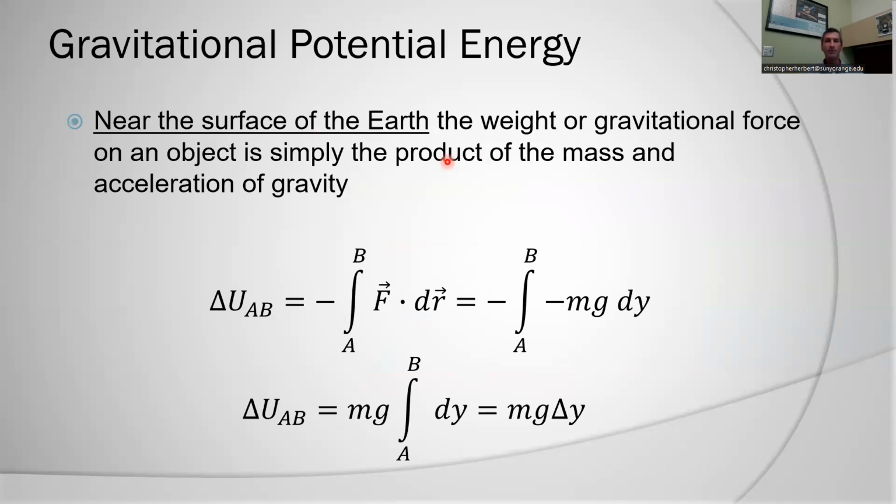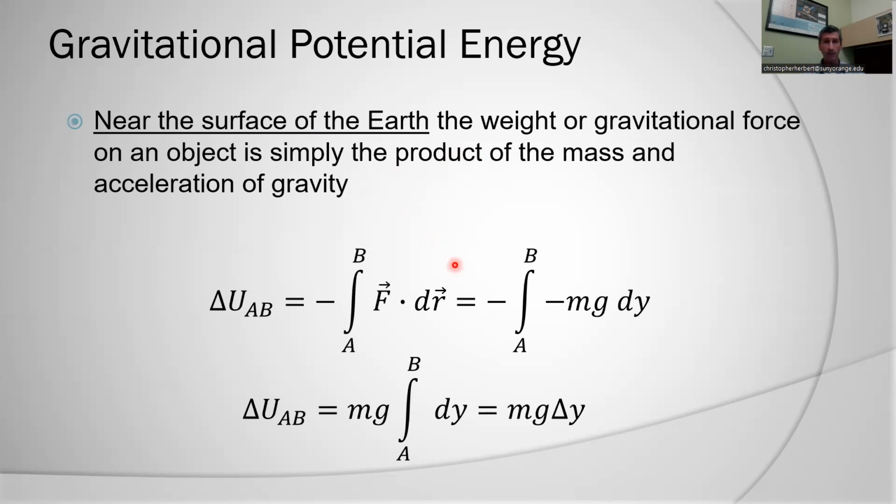So let's use the force of gravity near the surface of the Earth. We're going to use F equals mg as our conservative force. This is an approximation, but it's a good approximation because when our motion is much smaller than the size of the Earth, the gravitational acceleration is not going to change.